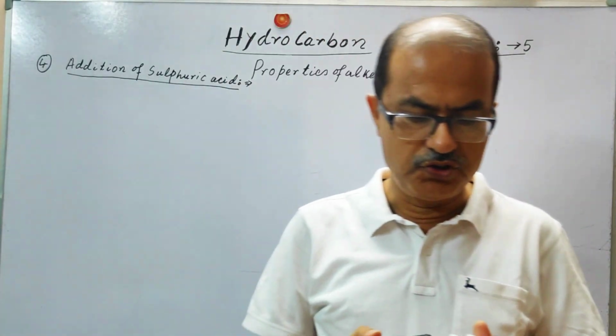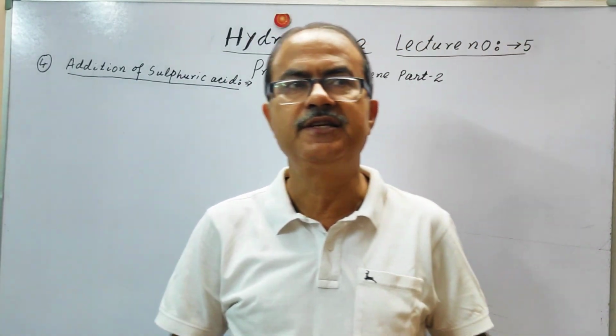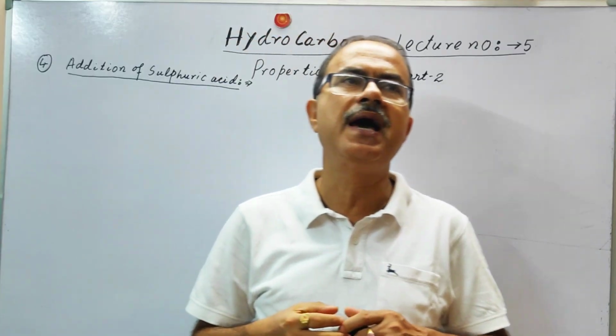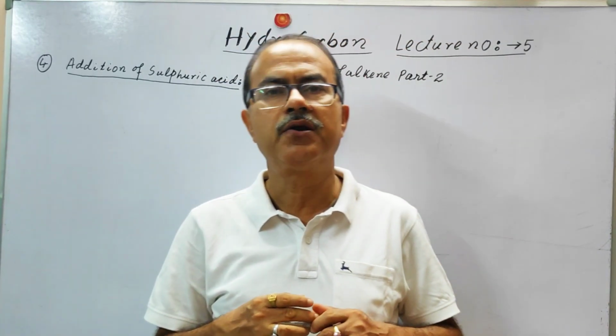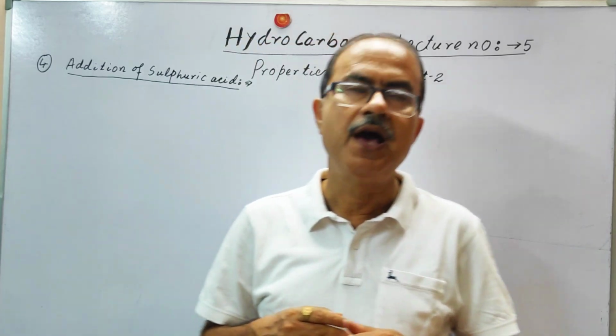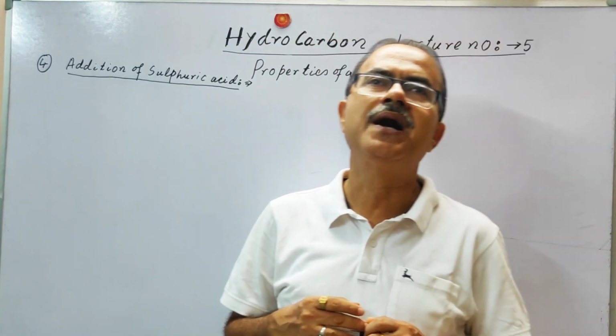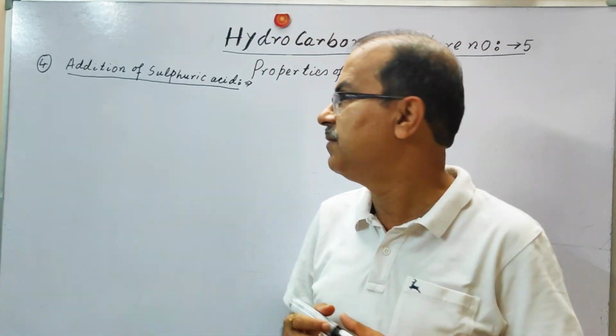Cold and concentrated sulfuric acid can be added to the alkene molecules in accordance with the Markovnikov rule, and it is going to produce the alkyl hydrogen sulfate.